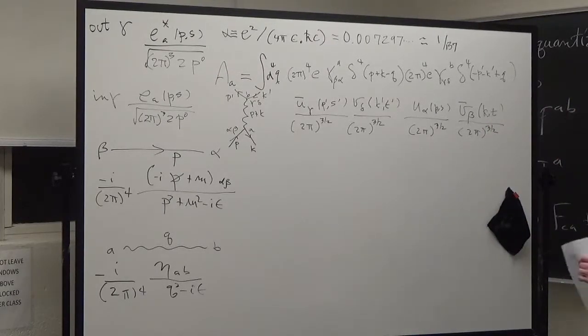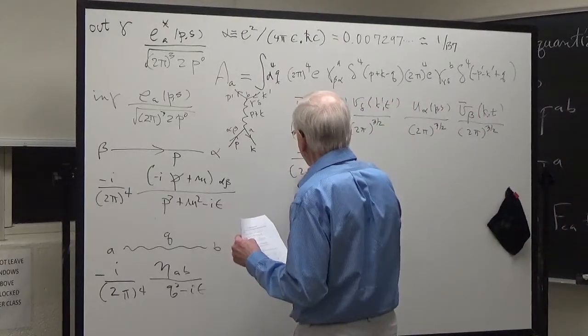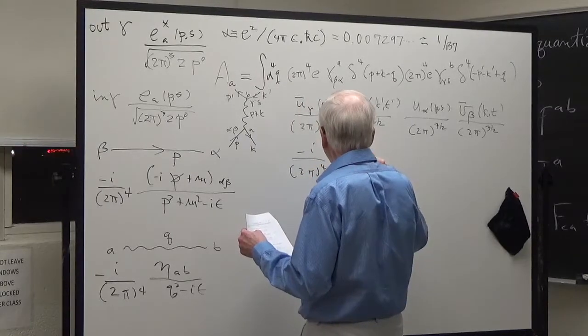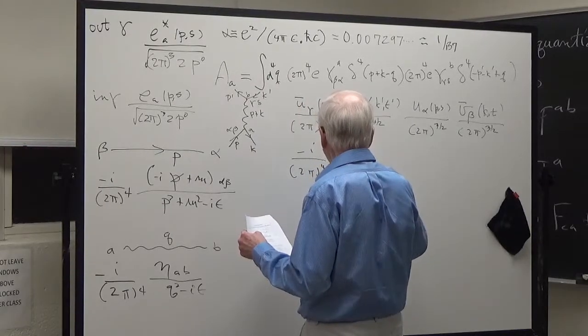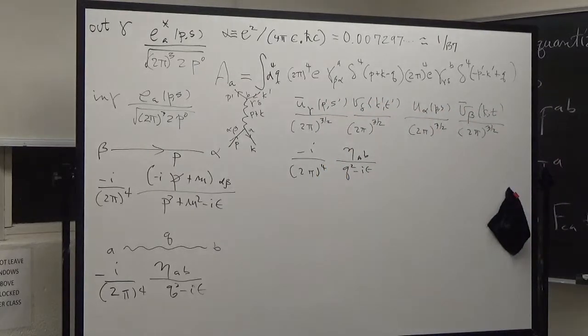And then we have the internal photon line, and so that's minus i over (2π)^4, δ_AB over q² minus iε, although you can forget about the iε.